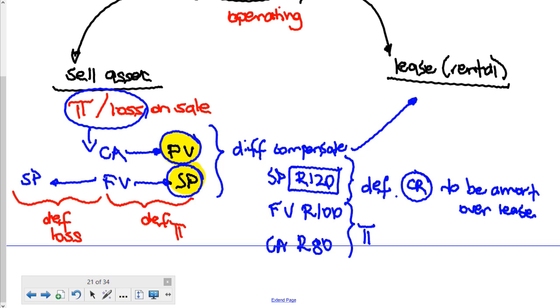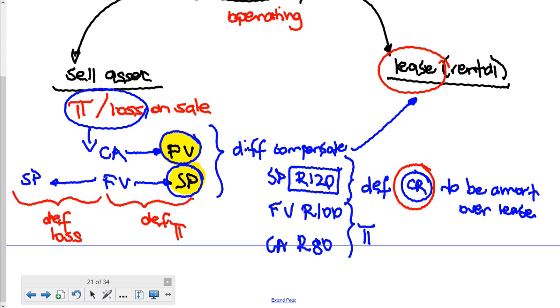Over that same period, your lease installments, these ones up here, are going to be too high because you have agreed with the bank that he can charge you more. So over the period of the lease, your lease installments are too high, and they're going to be offset by this credit, which is going to come into the P&L to make it right. Do you agree that it makes sense?